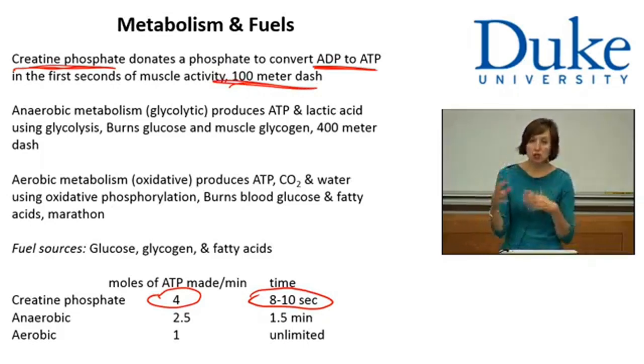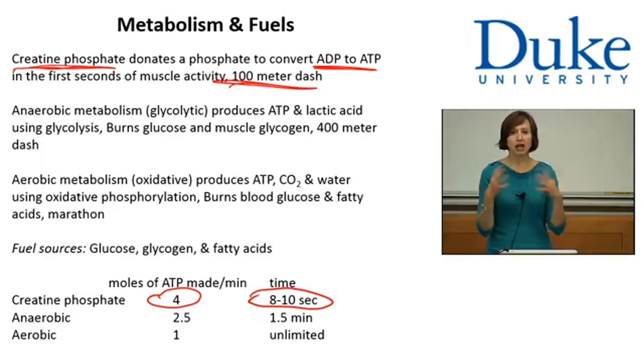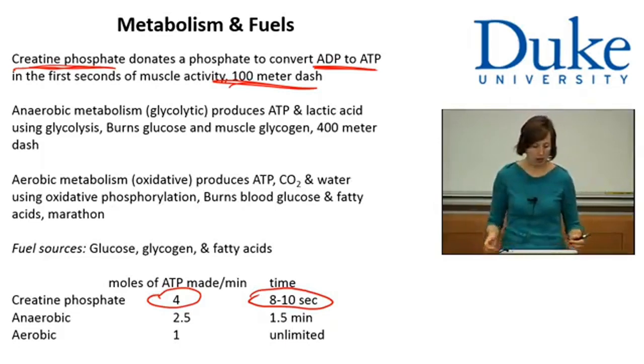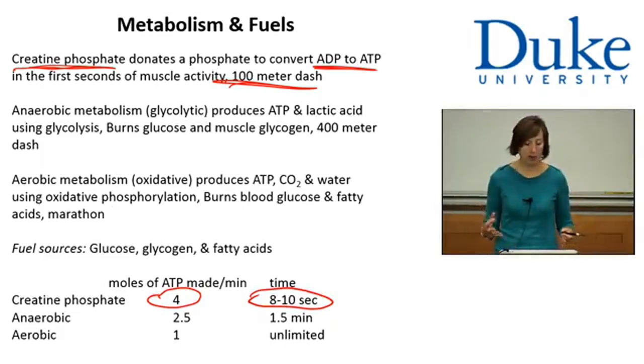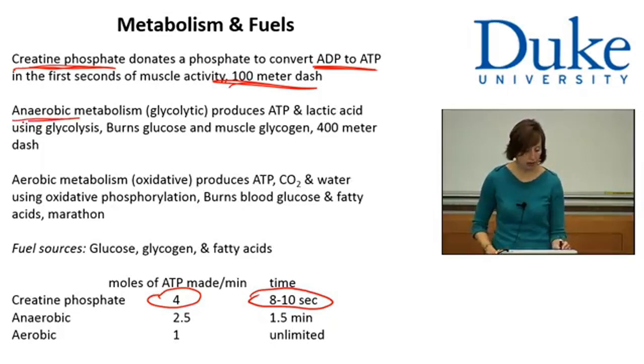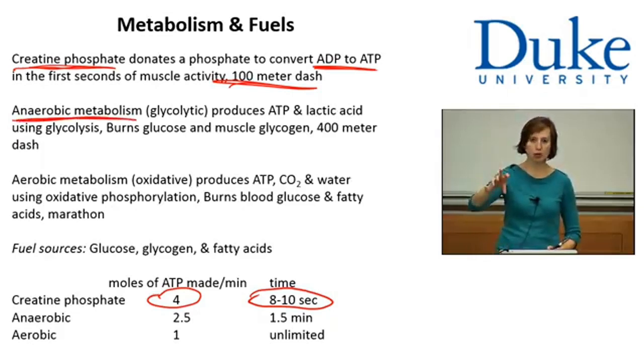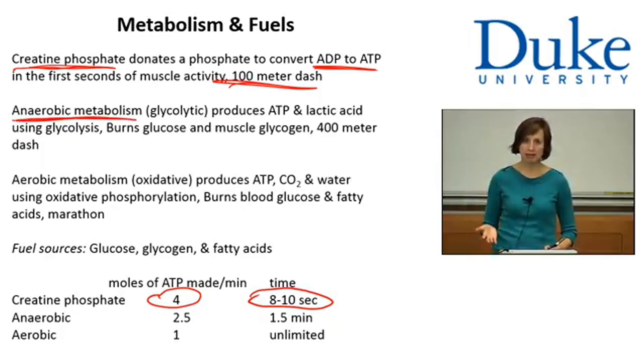That, however, using that creatine phosphate allows for other pathways to have time to get going, to get initiated. And so another set of pathways that will start to produce ATP while the creatine phosphate's being used is going to be anaerobic metabolism pathways, which is going to convert glucose to lactic acid, producing ATP.